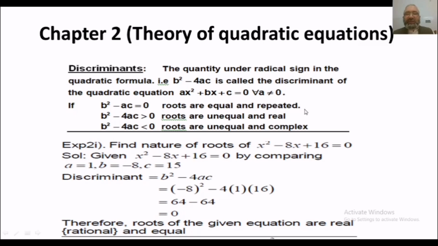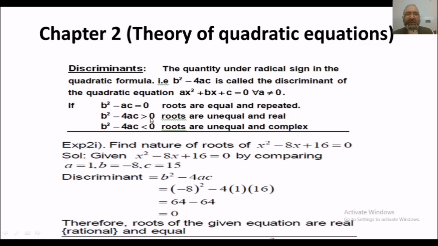And if b square minus 4ac is a positive number, and the positive number may be 3, 5, 7, that is not a perfect square, or for example a perfect square like 4, 9, etc., then there are two cases.